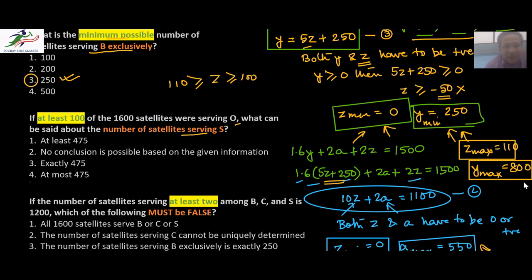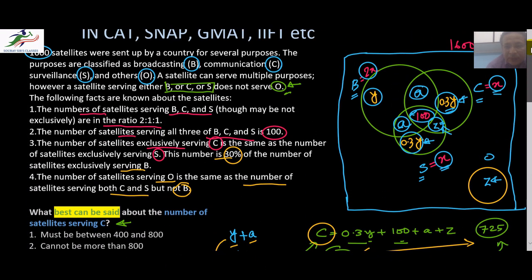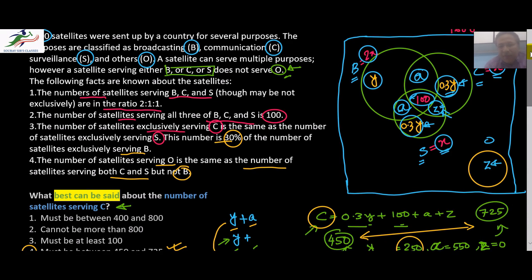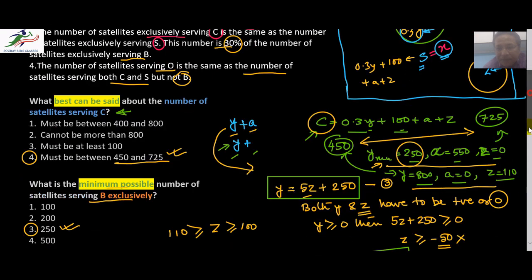Then what can be said about the number of satellites serving S? So S is 0.3y plus 100 plus A plus Z.